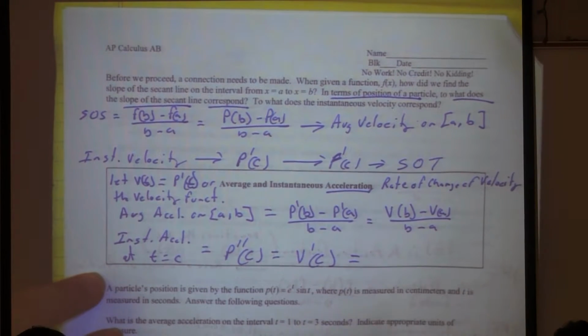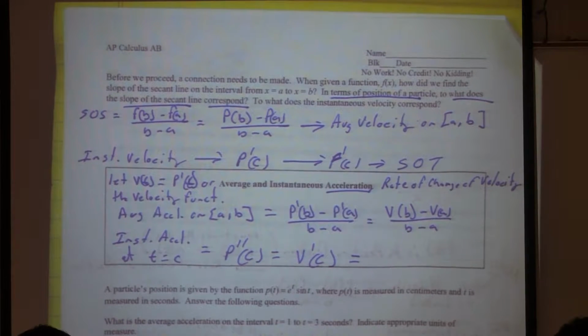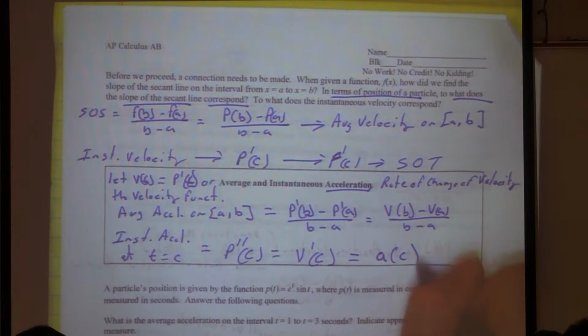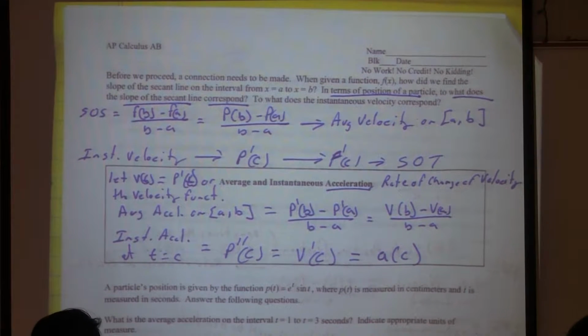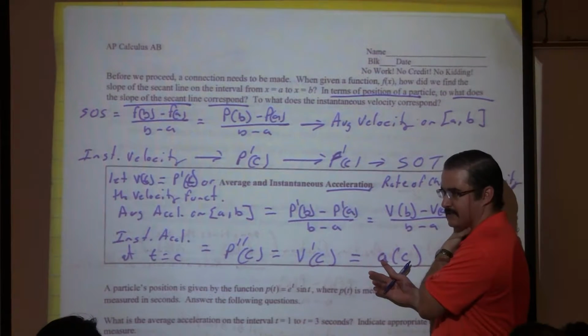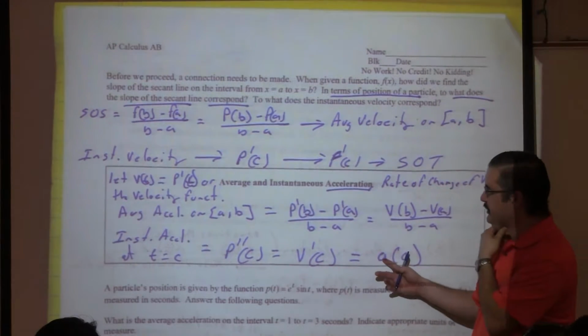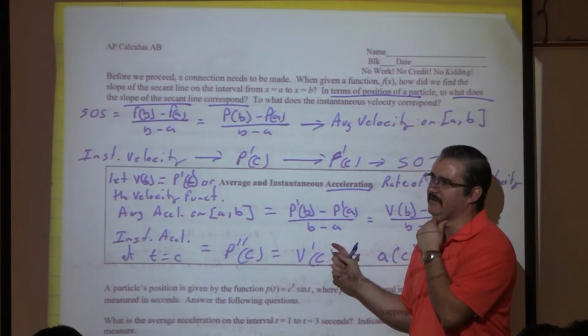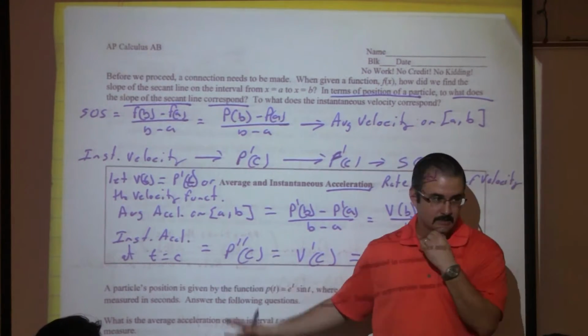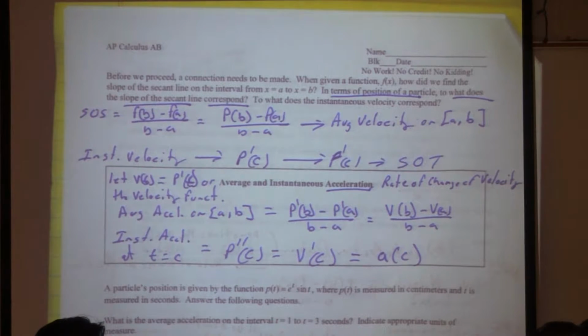Or we could give it its own specific name, a of c. So when they give you a of anything, you know that you're talking about the acceleration. You should also know that you're talking about the first derivative of velocity, or the second derivative of position. Pretty good?